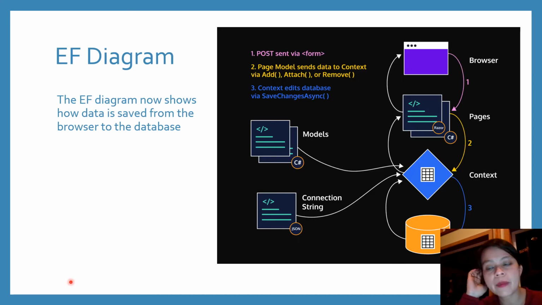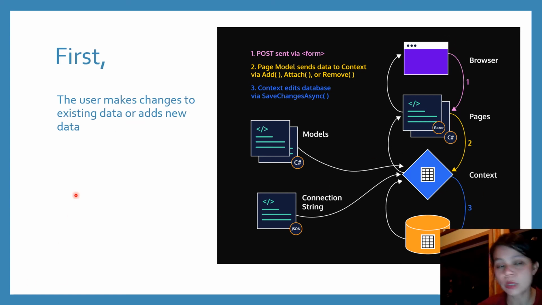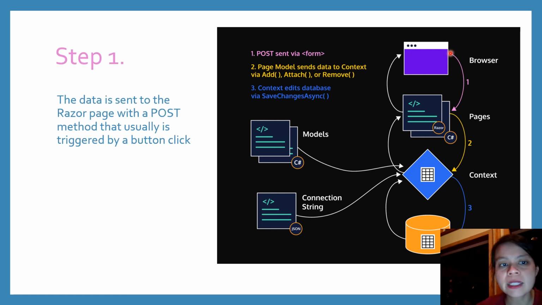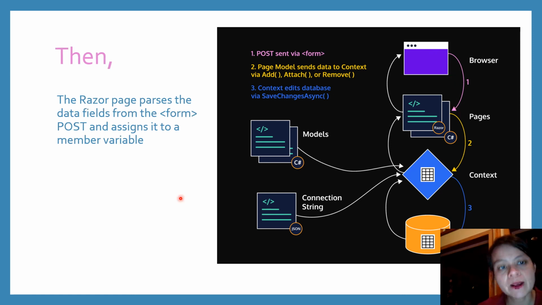That brings us to the Entity Framework diagram here, just to show you how data is saved from the browser to the database, and we'll go through each one of these steps. First, the user makes changes to existing data or adds new data. Then in the first step, the data is sent to the Razor page with a post method, which is usually triggered by a button click, like a submit. The Razor page parses the data fields from the form post and assigns them to a member variable.